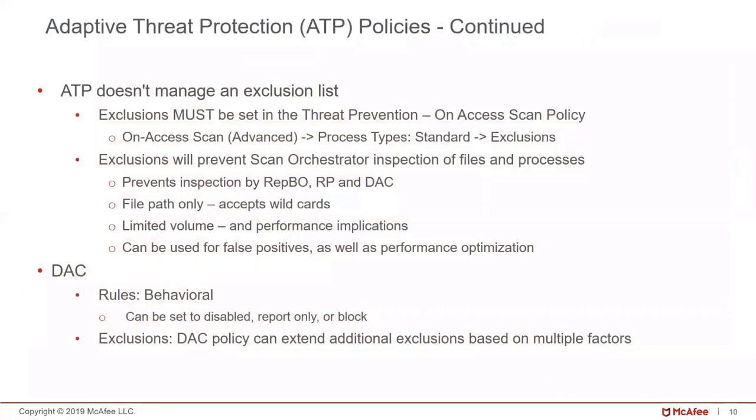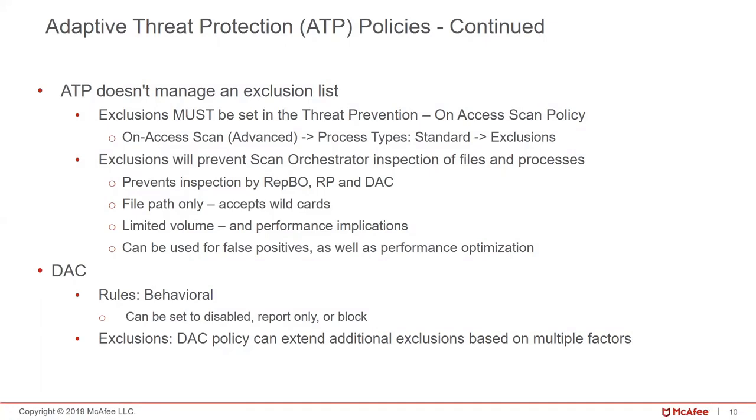So talking more about the policies, it's important to understand that the ATP doesn't manage an exclusion list. So if you have to set an exclusion, you're actually setting it on the on-access scan policy, on that file, DLL, or an executable.